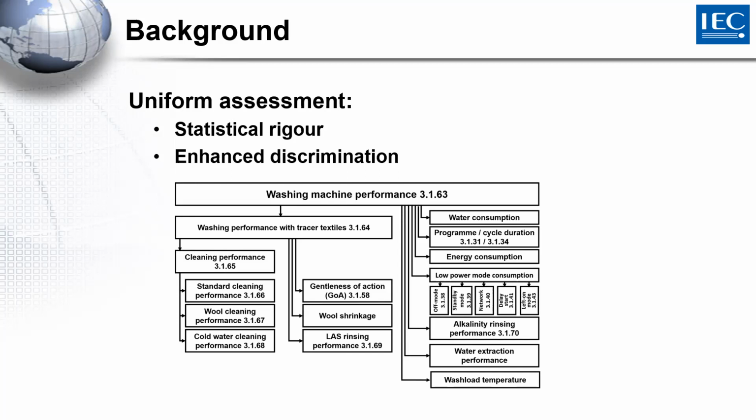We do gentleness of action, we do wool shrinkage, and we do LAS rinsing performance. On the other side, we have water consumption, measure program and cycle duration, the energy consumption, low power mode consumption, the alkalinity rinsing performance, the water extraction performance, and the wash load temperature. Next, please.